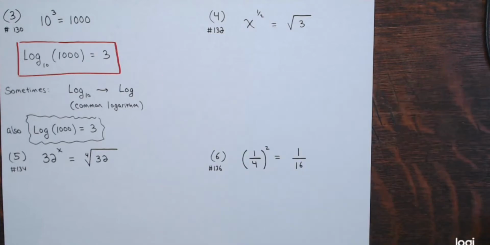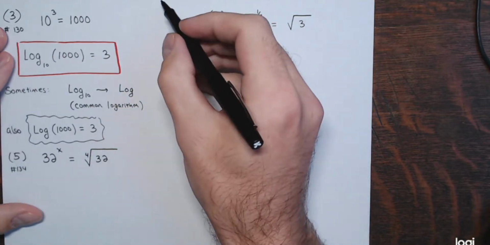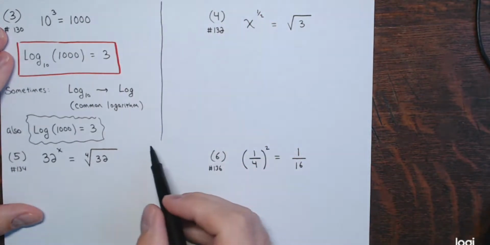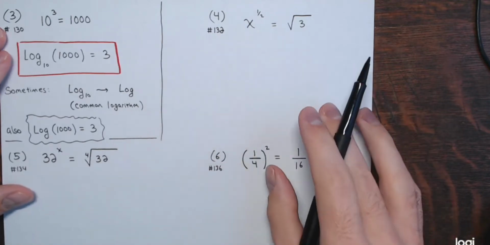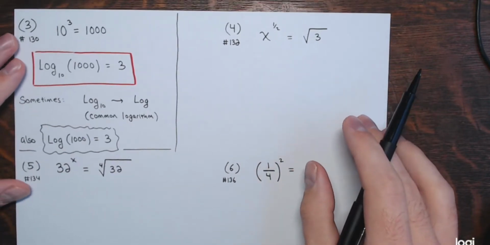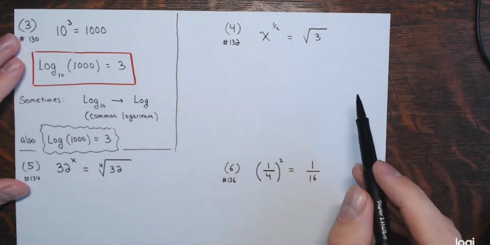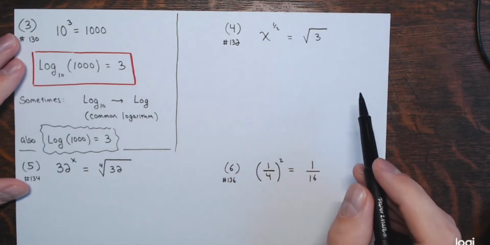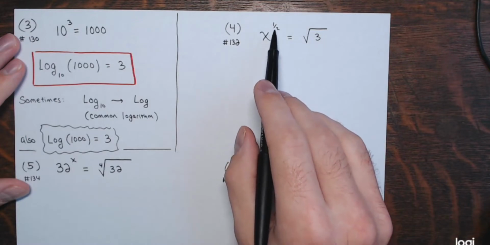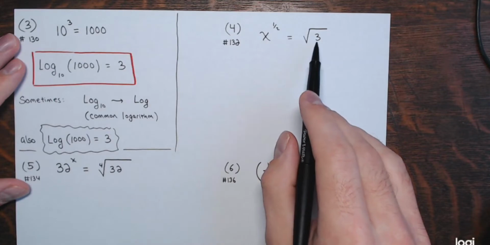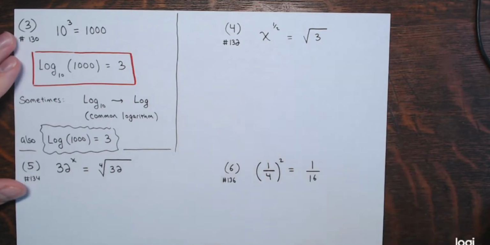Alright, so let's get rid of this and move on. Alright, next question. Number 4, same stuff, but with some variables involved. But all they're asking me to do is change form. So we have a base of x, an exponent of 1/2 equal to some positive number, the square root of 3.